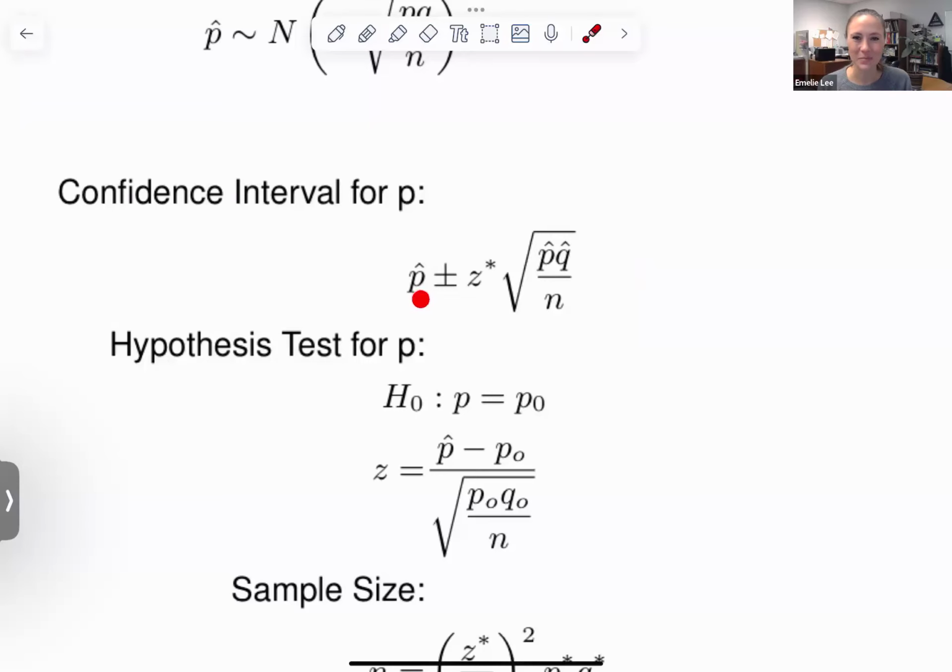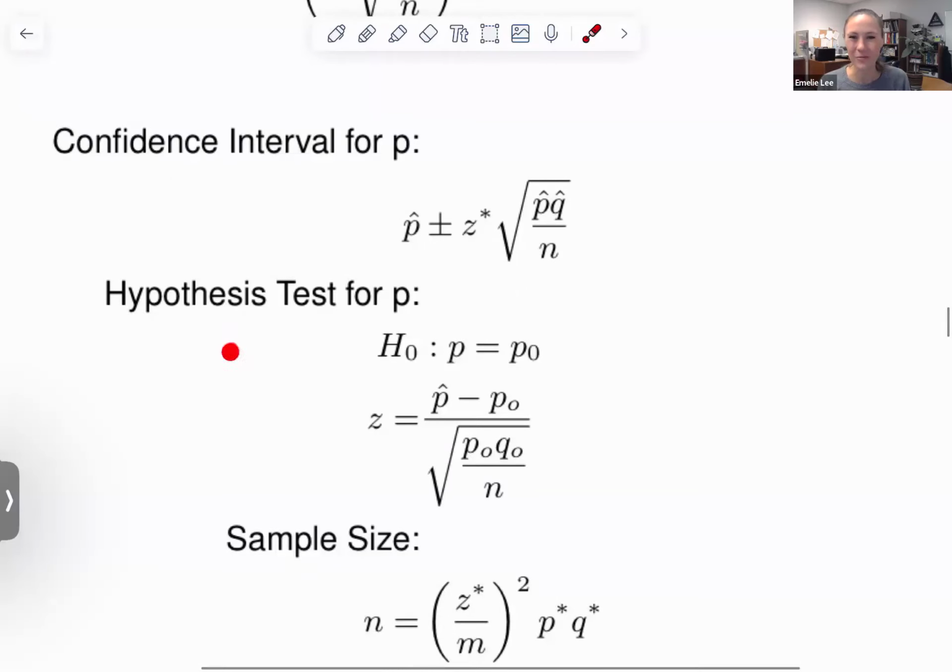But look, p hat, the sample proportion, z star, we can kind of get there. P hat again, q hat, well, that's 1 minus p hat, and n. So there's very little information that we need to build a confidence interval. And then we'll hold off on the hypothesis testing.